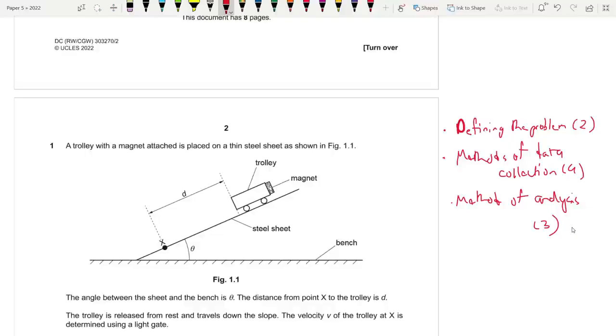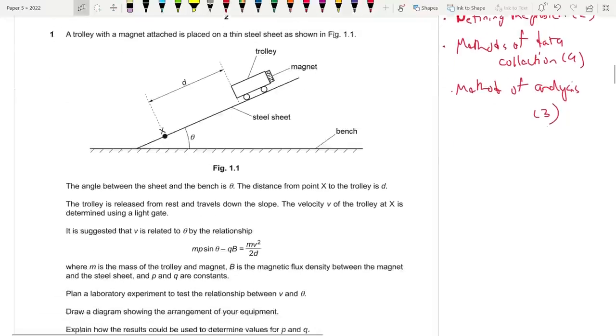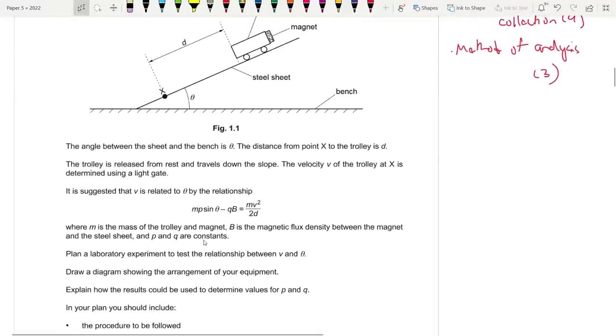When you plot a graph, if you want to test the relationship between 2 things, you need to plot a graph between those 2 variables and see if a straight line is produced or not, see if it's a curve or something. If it's a straight line, that means that the relationship is valid, and sometimes the straight line will pass through the origin, sometimes it won't, so you need to mention that.